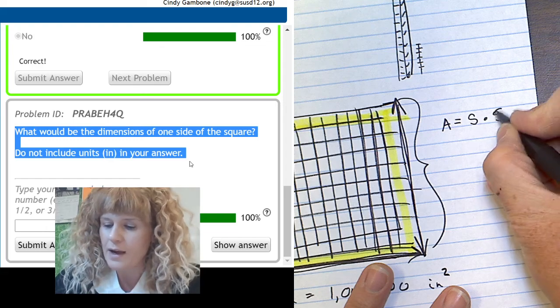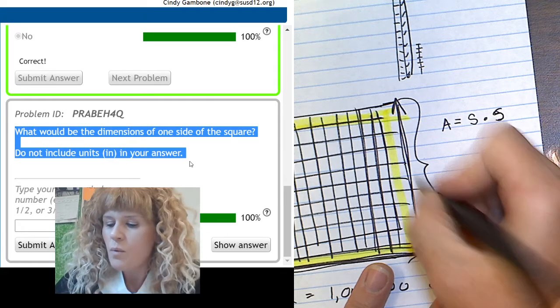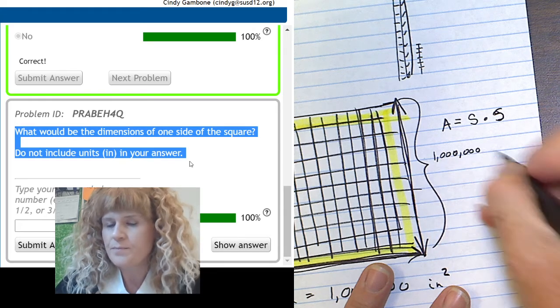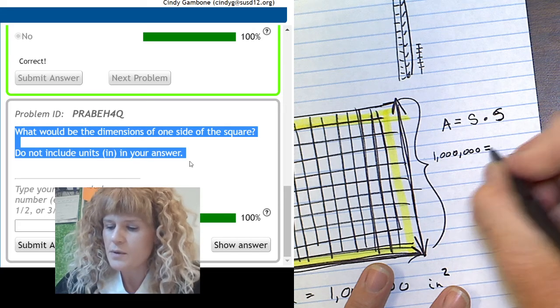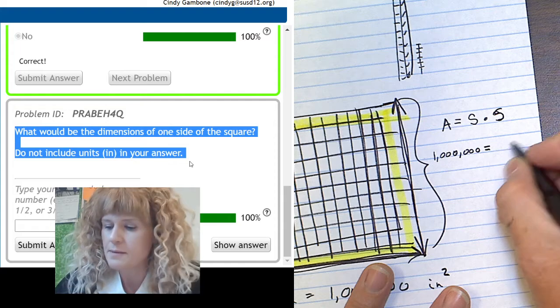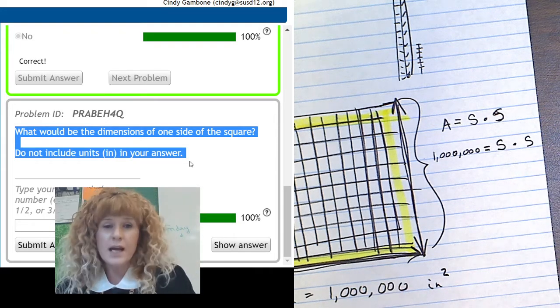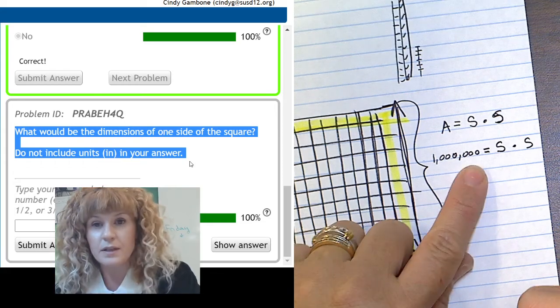We want to find the side length. Well, the area is 1 million, and that's going to equal the side length times the side length. So what times what equals 1 million?